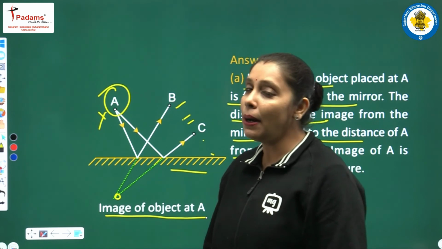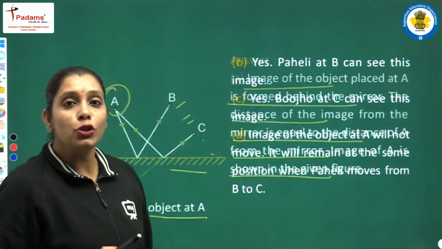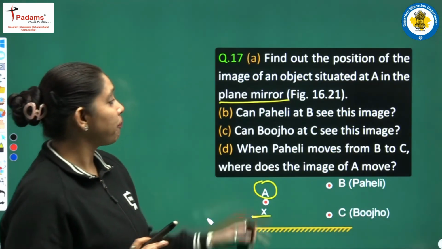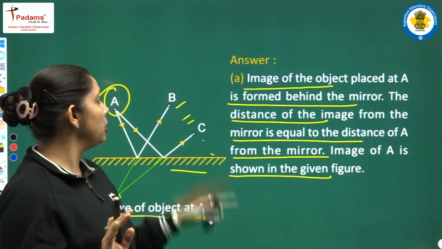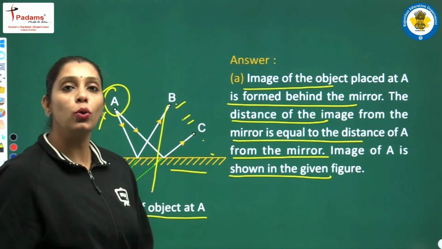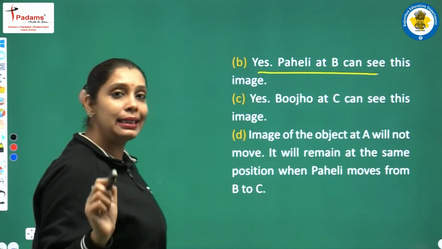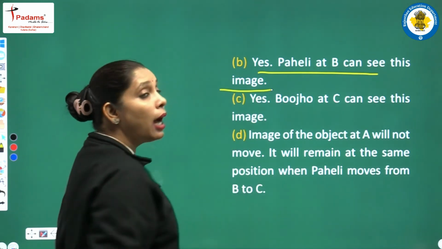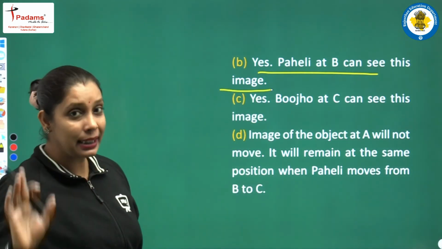Clear? अब हमारे B, C और D क्वेश्चंस आते हैं। हमारा जो B क्वेश्चन था वो क्या था? Can पहेली at B see this image? Yes, देख सकती है। So our answer is yes, पहेली at B can see this image. हमारा C क्वेश्चन क्या था? क्या बूझो उसको C पॉइंट से देख सकता है?